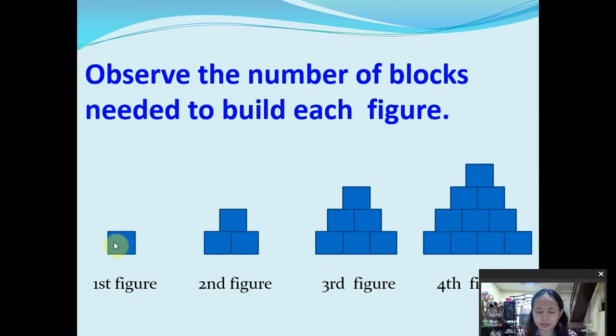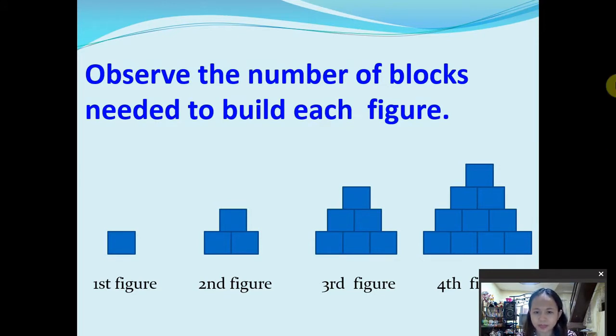So again, we have 1. What number to be added to 1 to get 3, which is the number of blocks for the second figure? So that is simply 1 plus 2, and that is 3. Now, what number to be added to 3 to get 6, which is the number of blocks for the third figure?